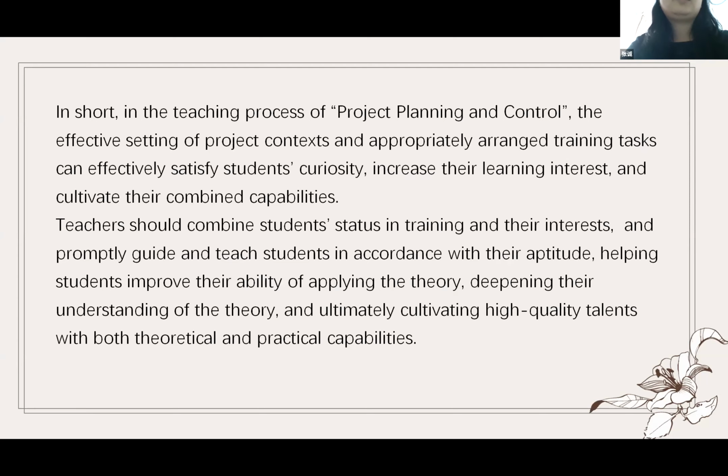Teachers should combine students' data in training and their interests, and properly guide and teach students in accordance with their aptitude, helping students improve their ability of applying the theory, deepening their understanding of the theory, and ultimately cultivating high-quality talents with both theoretical and practical capabilities.